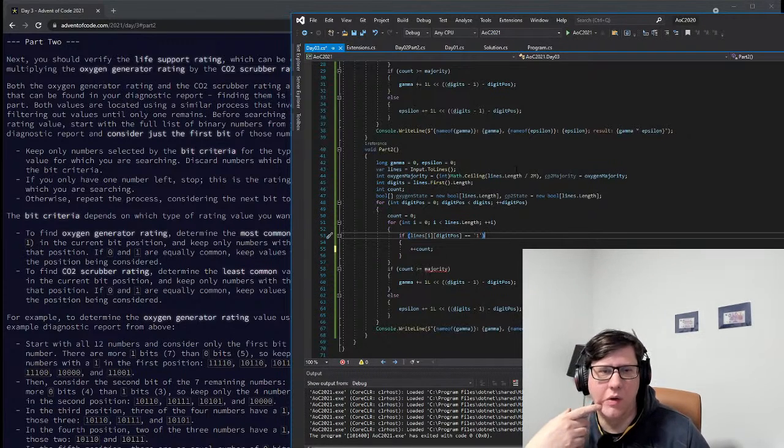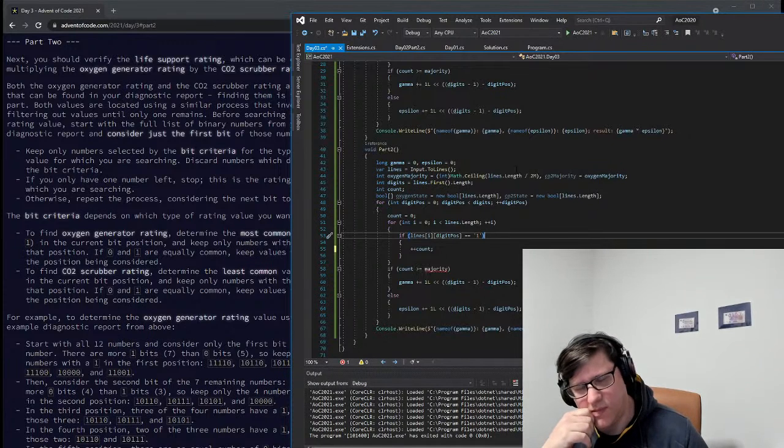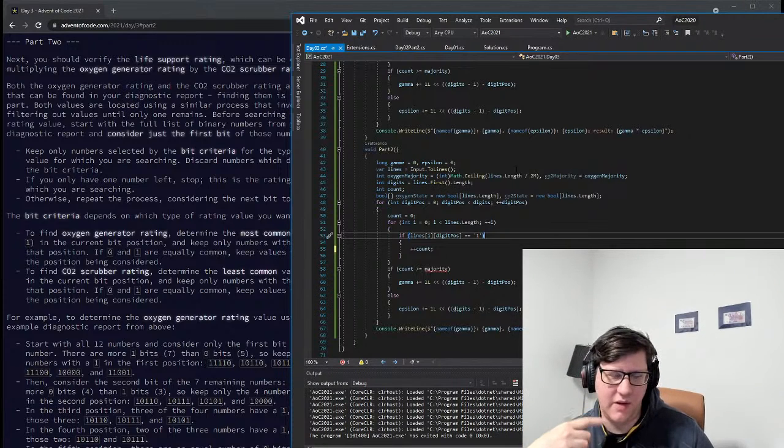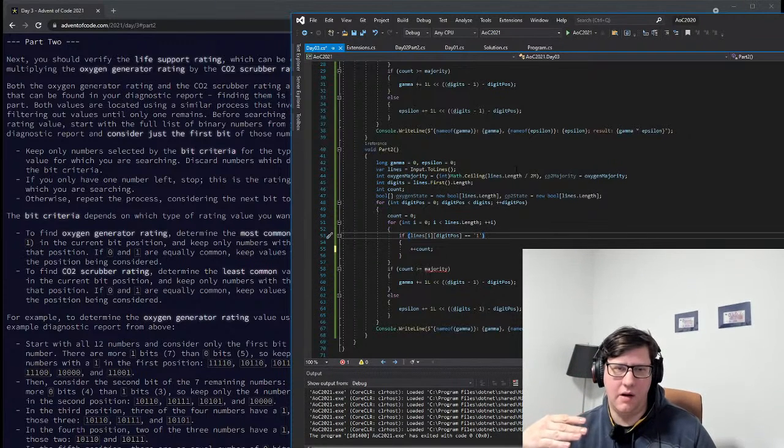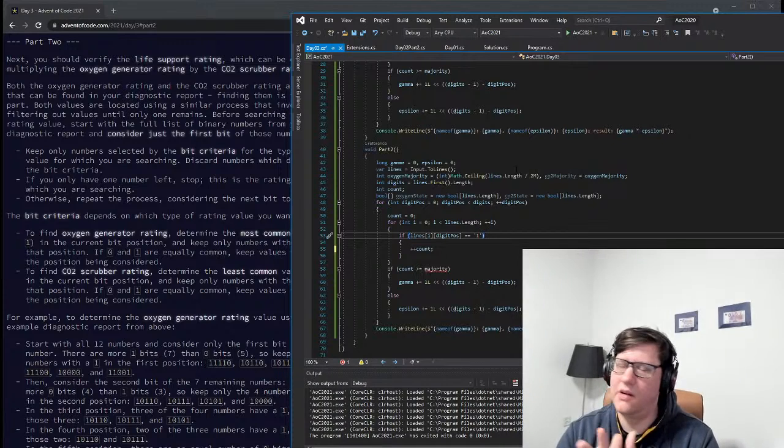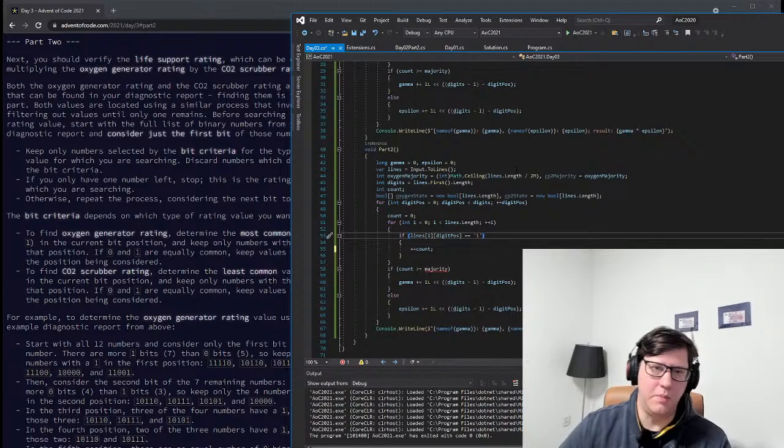Or just build a new list as we go. So that's what I was thinking. I was like, okay, I can keep it all in line and just keep the state for each line to see if it's part of problem set A or B.